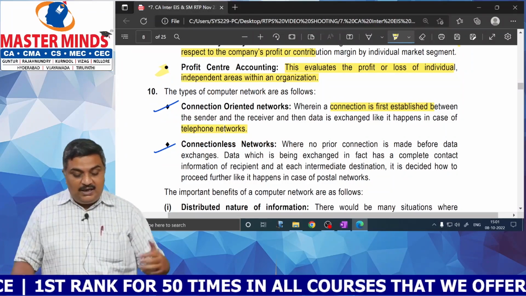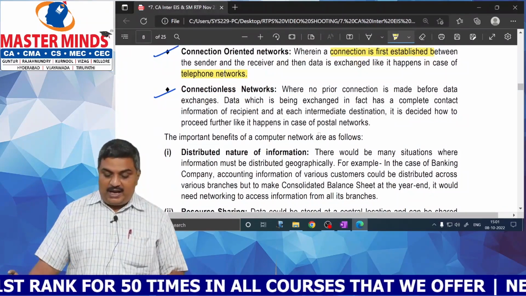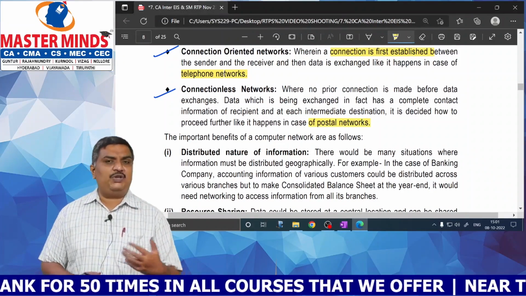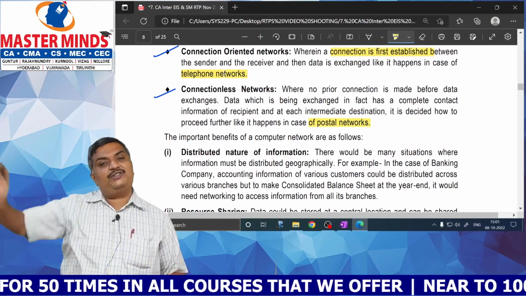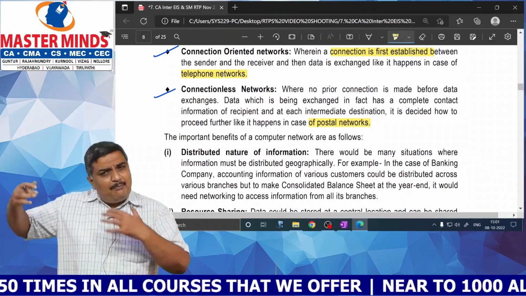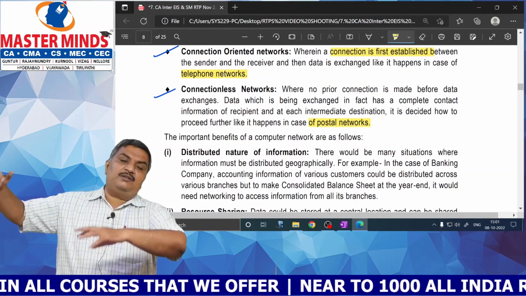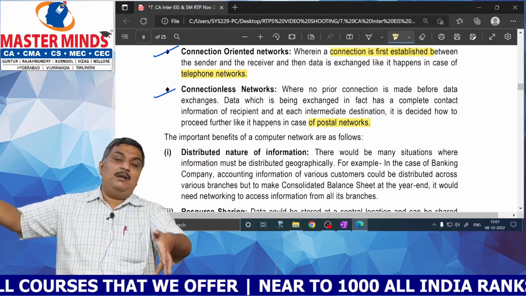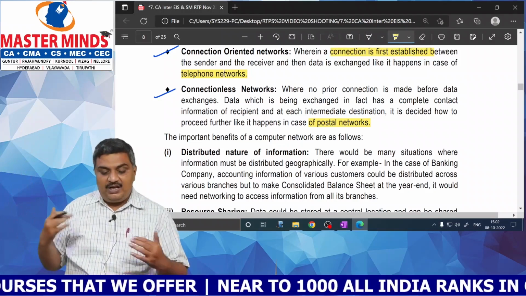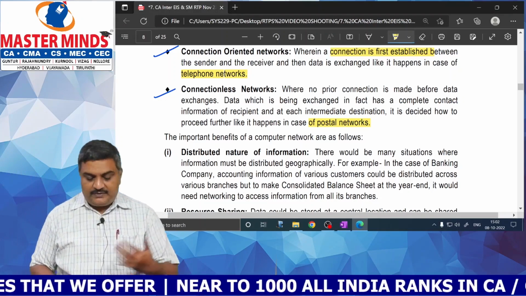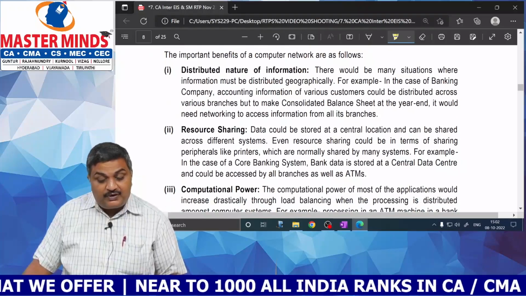That is called as connectionless networks, like it happens in the case of postal. You just drop in the letter and the letter reaches the other person. But in the meantime, it travels different locations, it is placed at different places, but ultimately it reaches the destination. That is connectionless networks.